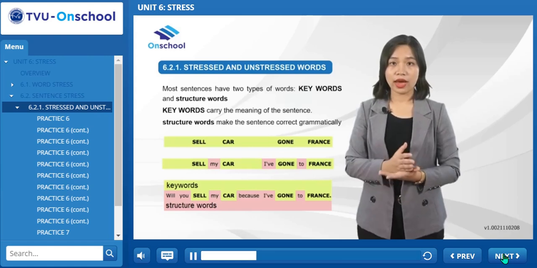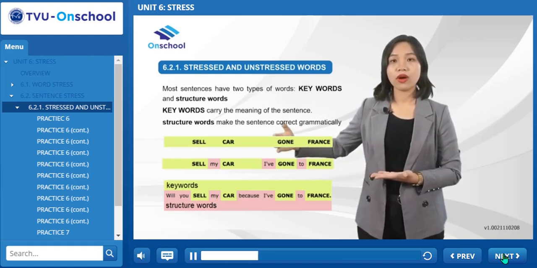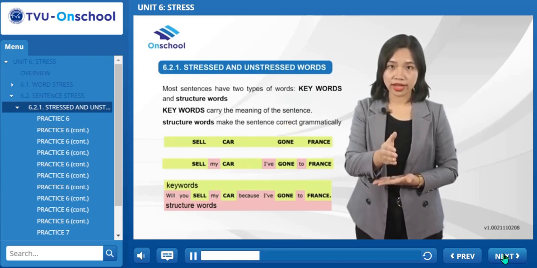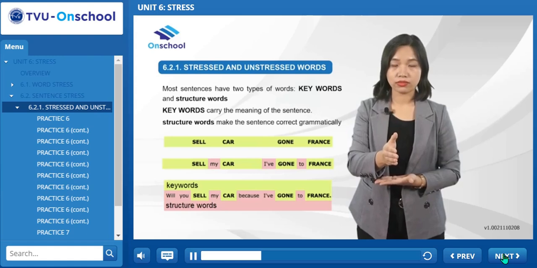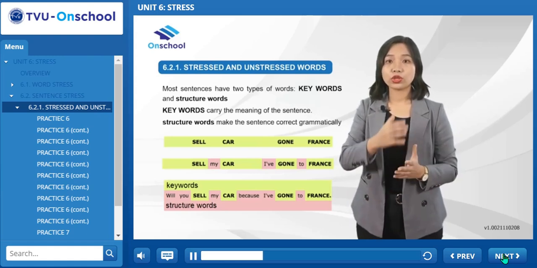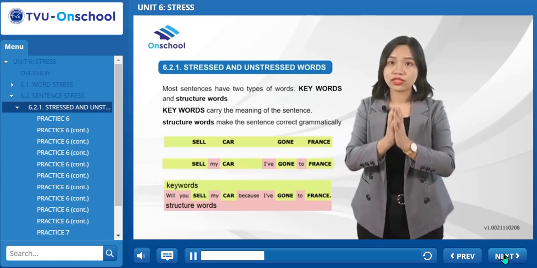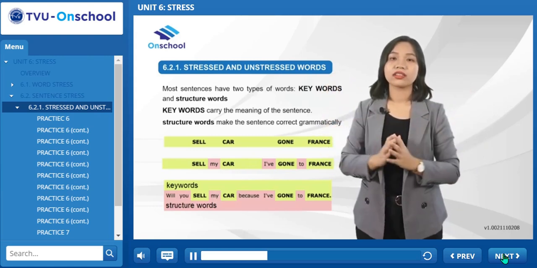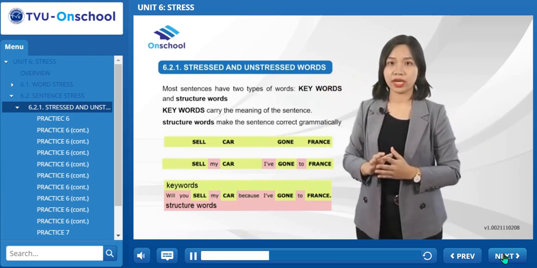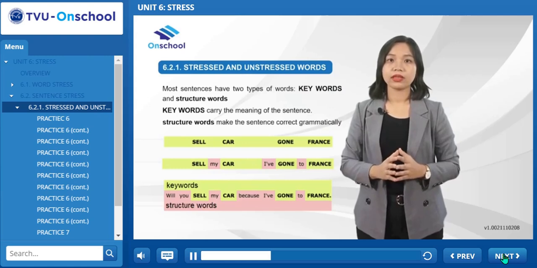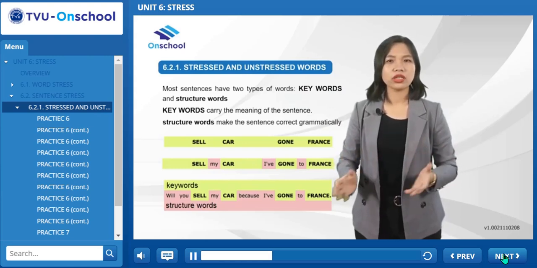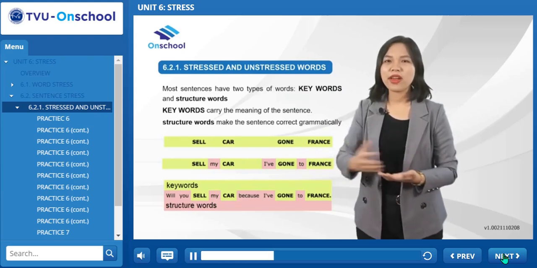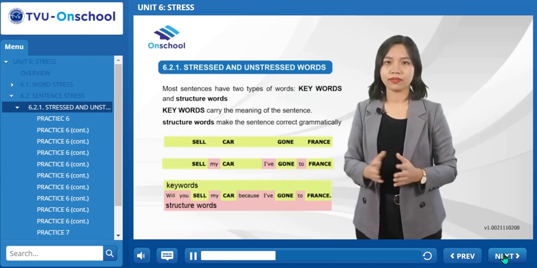The keywords are sell, car, gone, France. You will stress on these keywords. When you stress, try to say it louder, longer, and in a higher pitch. For the structure words, try to speak through them very quickly.